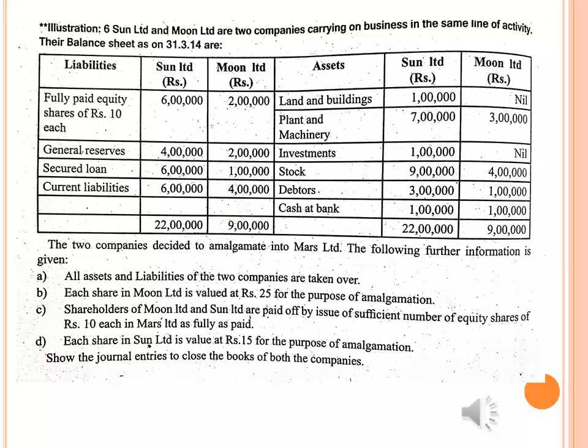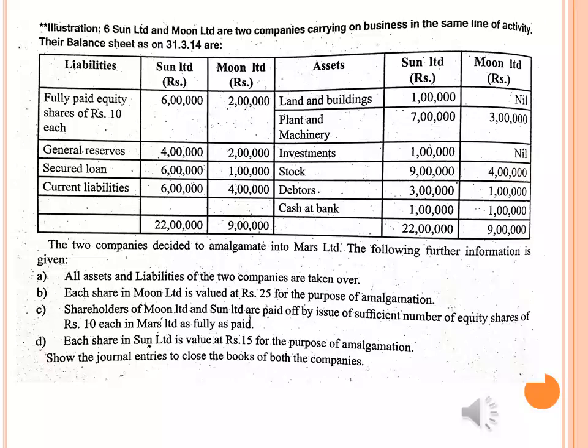We are given that the shareholders of Sun and Moon Limited are paid off by issue of a sufficient number of equity shares in Mars Limited, fully paid at 10 rupees. So we have to check the equity shares of Sun and Moon Limited and find how many equity shares have to be paid.